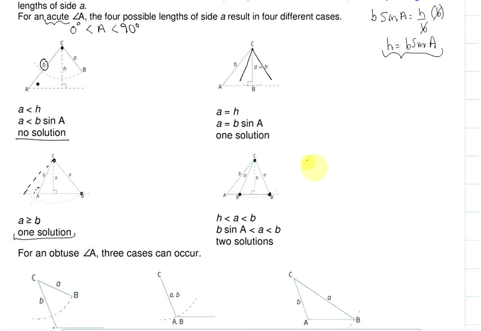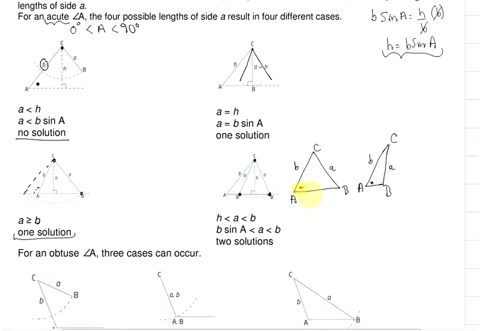I get one that looks like this, A, B, C, where this is A and this is B, and here's my given angle. Or I get this triangle, where this is A, B, C, here's my given, this is side A and this is side B. So I get two triangles.